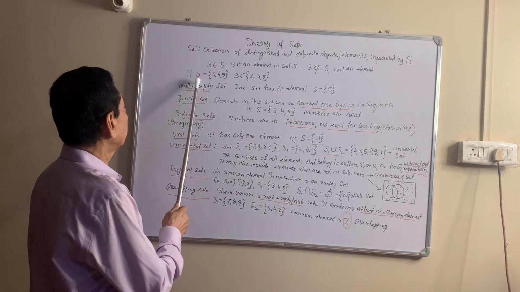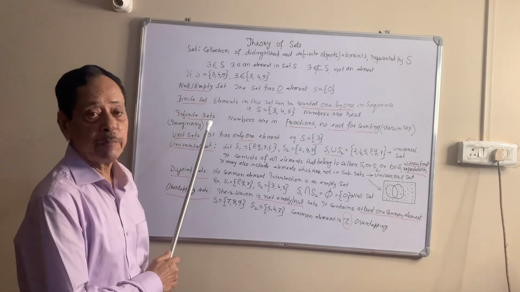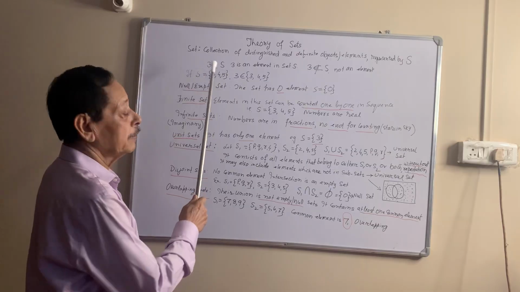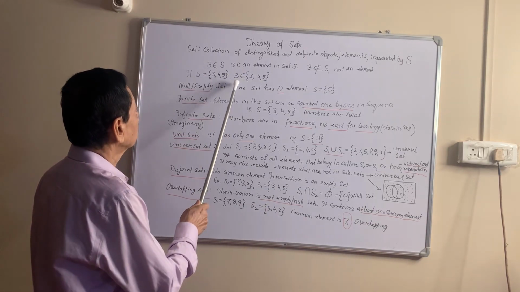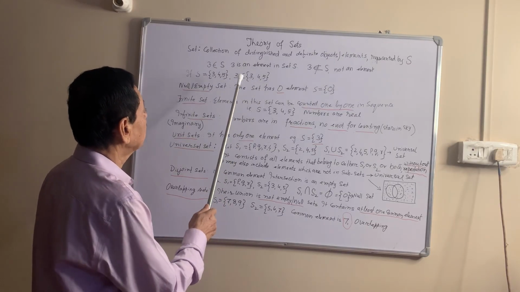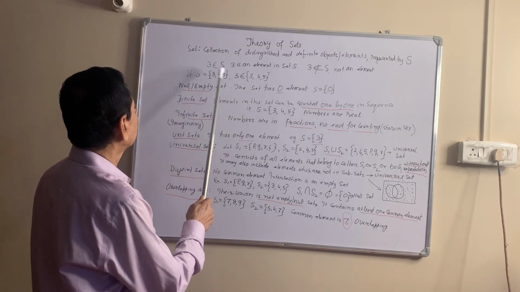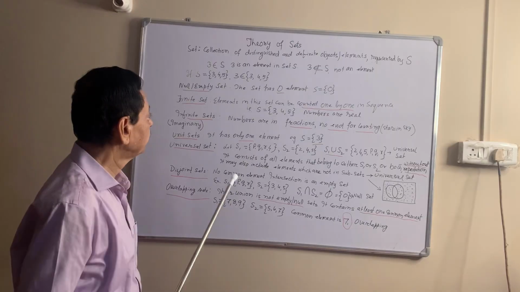If S is equal to {3, 4, 5}, it is a set having the elements 3, 4, 5, and it is always represented by the curly brackets. So 3 ∈ {3, 4, 5} means 3 is an element of the set S having elements 3, 4, 5.